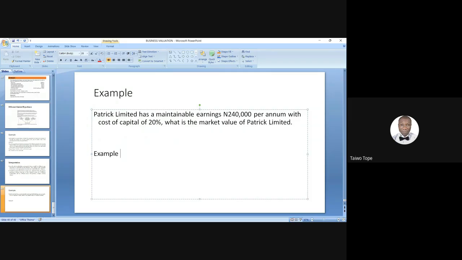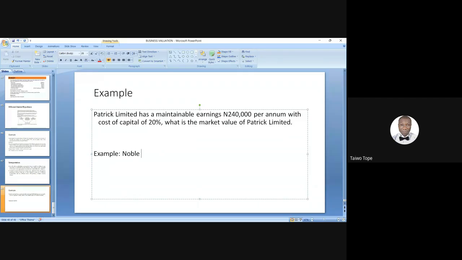Example, another one. As I await the answer, help me come up with another example. What will be the market value now?